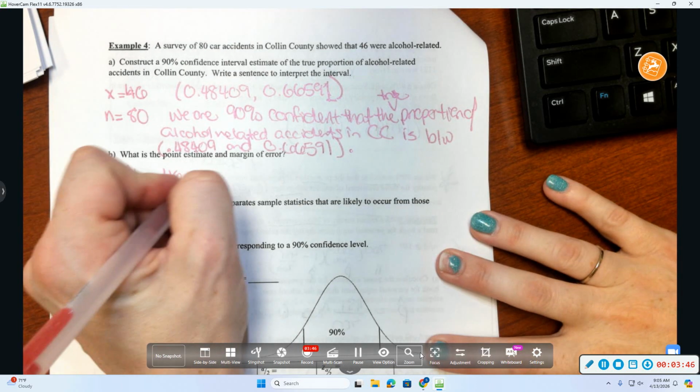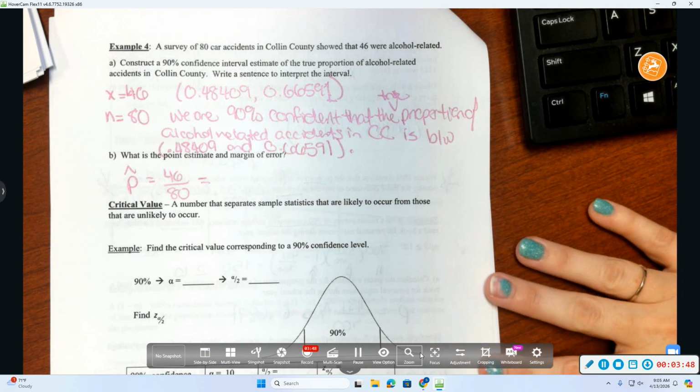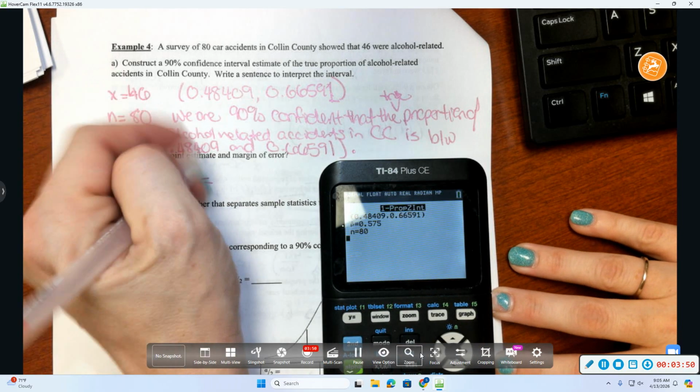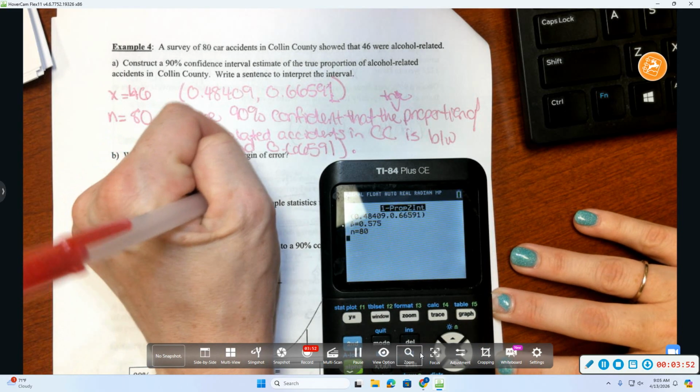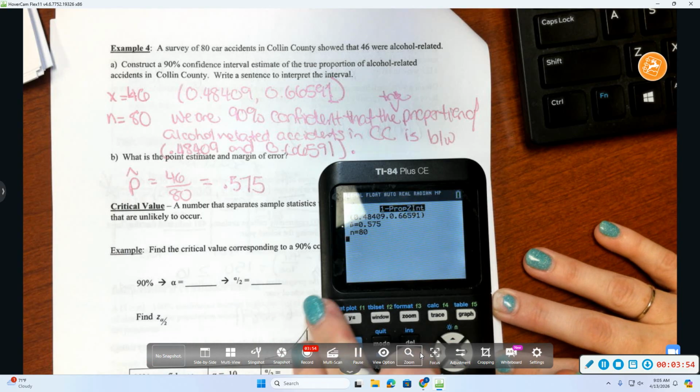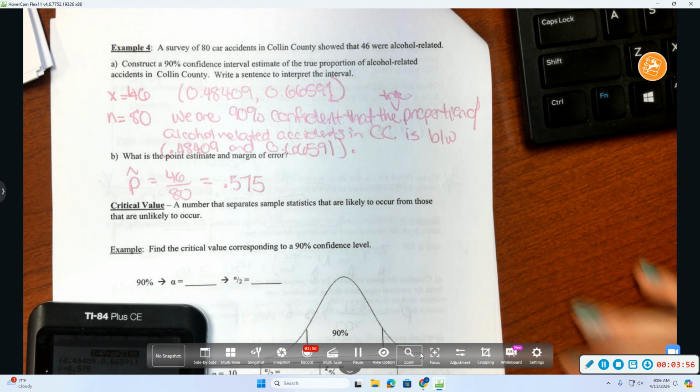Okay. So it also gives our p hat, which is actually a really nice decimal, which is rare. 0.575 is our p hat. Now they want our margin of error. So remember, to find our margin of error, we were talking about this last time.